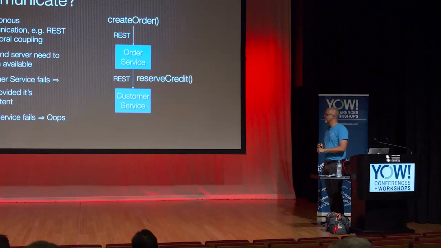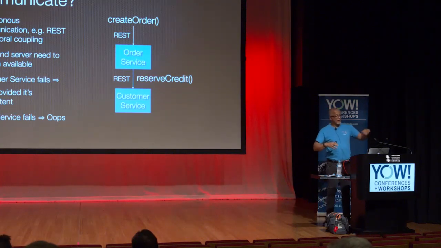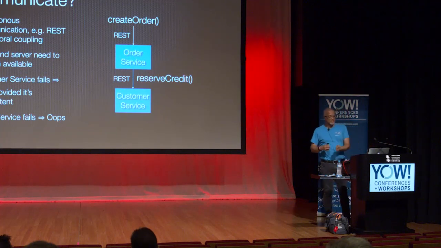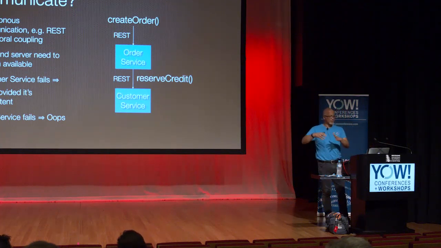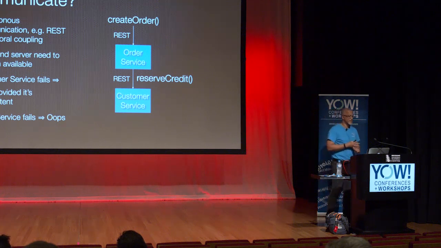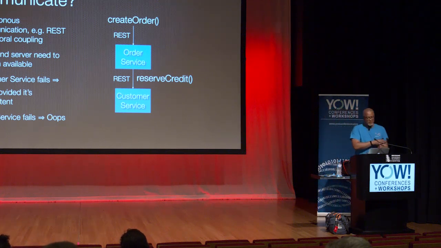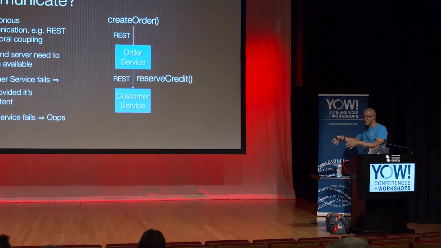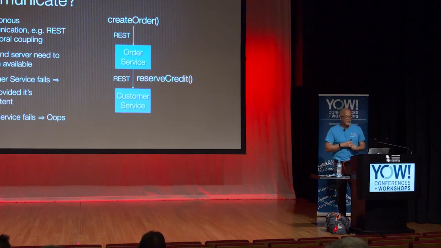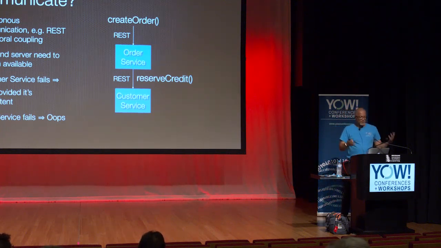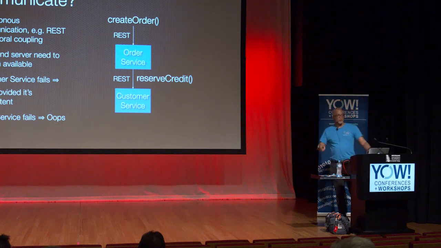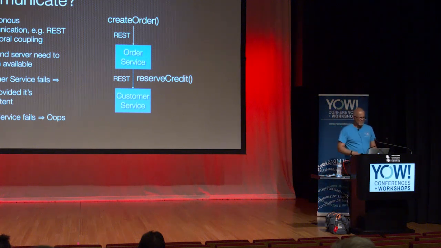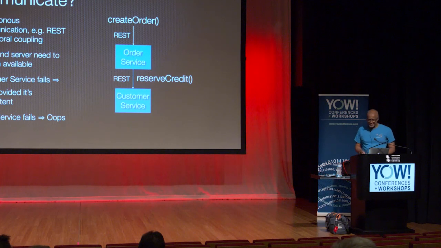Then the system is in a really weird, inconsistent state, and it would rely on the client to keep retrying the create order operation until it succeeds, which can work in some situations, except that you're relying on a client that is outside of your firewall to ensure that the data inside your system is consistent. And as you know, users can just close their browser, walk away, go off for lunch, and so that doesn't feel quite right to me.